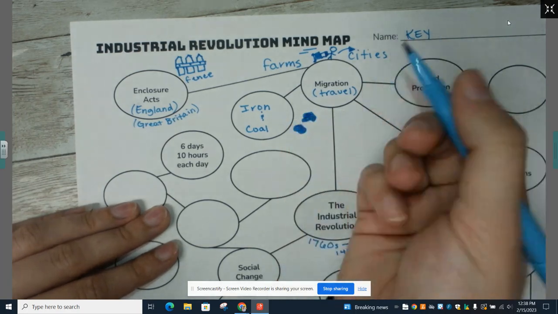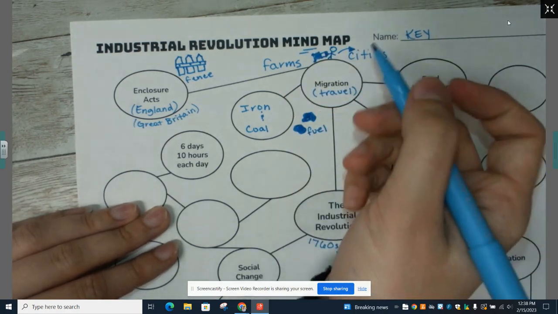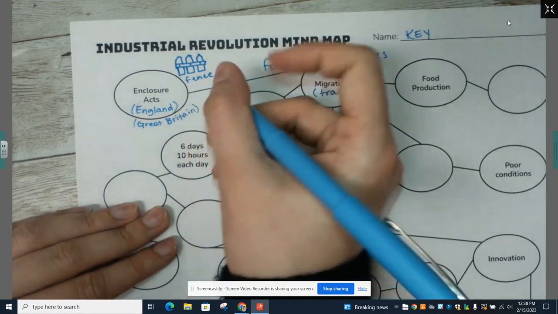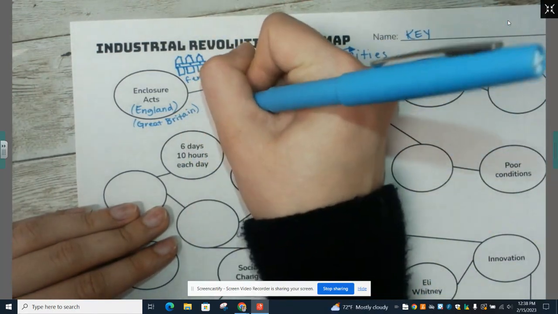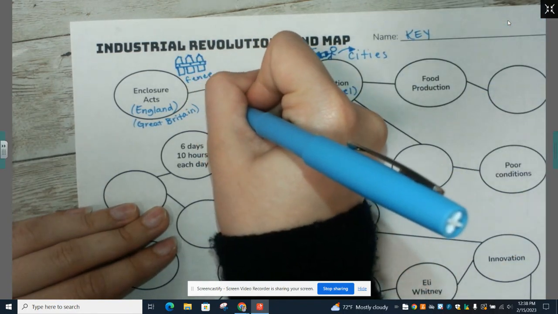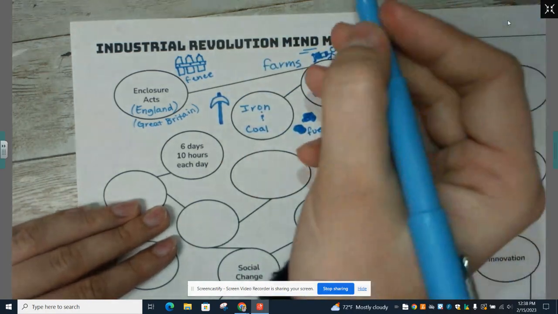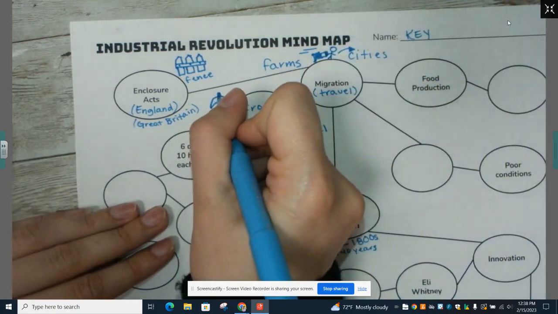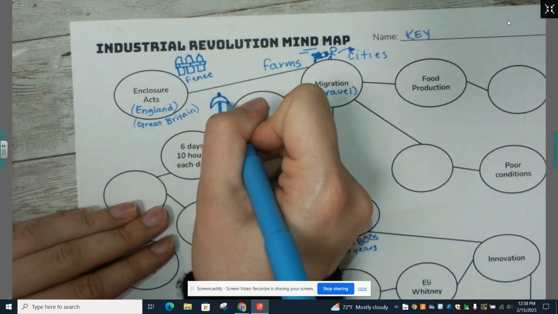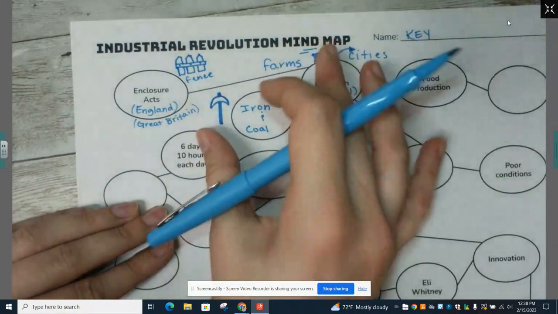And the thing with coal is that these were used as fuel. And then the iron, we'll do an iron pickaxe because I always did iron pickaxes because I could never find diamonds. Okay. Iron became a major metal that was used in a lot of machinery and a lot of the new inventions that came about during this period.